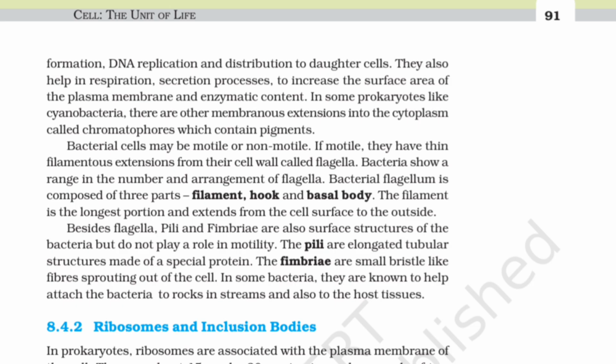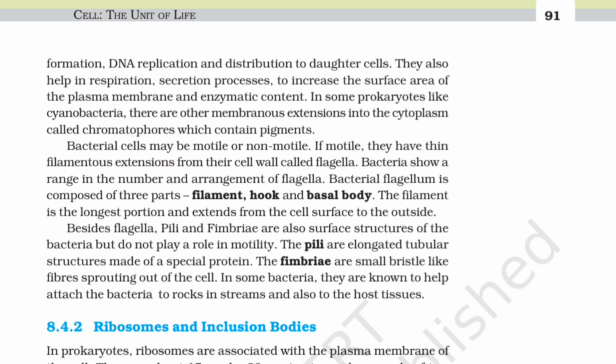They also help in respiration and secretion processes, and to increase the surface area of the plasma membrane and enzymatic content. In some prokaryotes like cyanobacteria, there are other membranous extensions into the cytoplasm called chromatophores, which contain pigments.